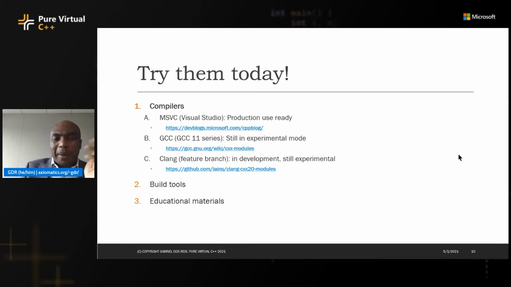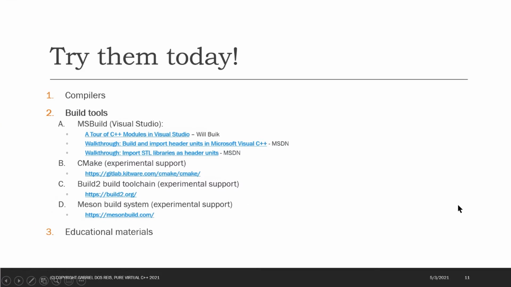So once you have your compilers, the next thing you want is how do I build programs with this new fancy feature? Well, for build tools, you have MSBuild, which has support for modules.